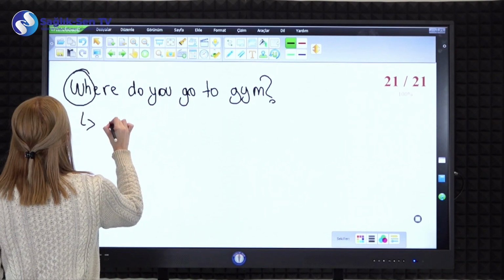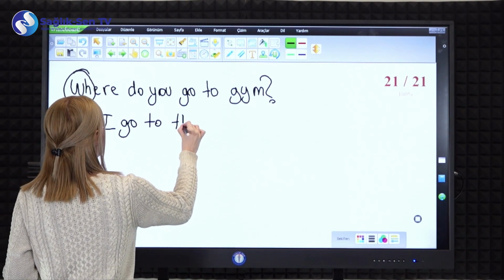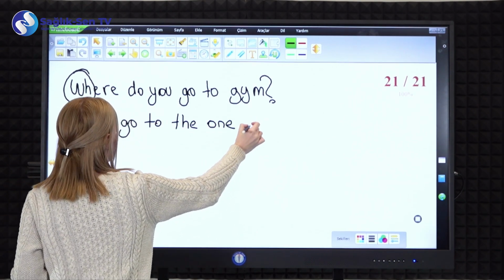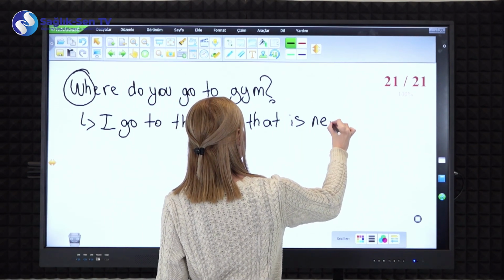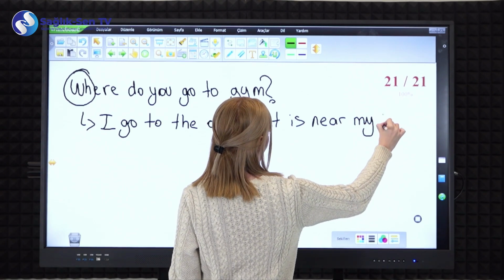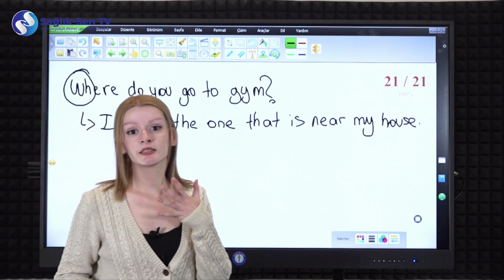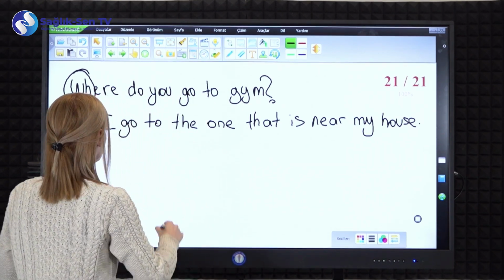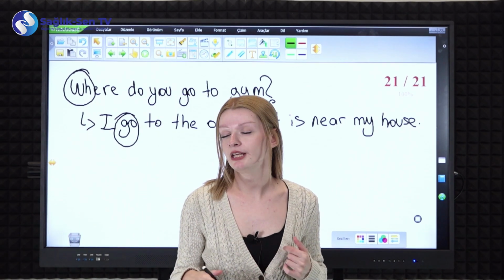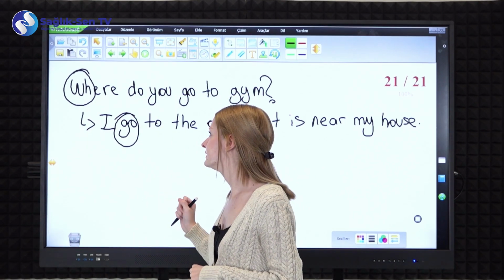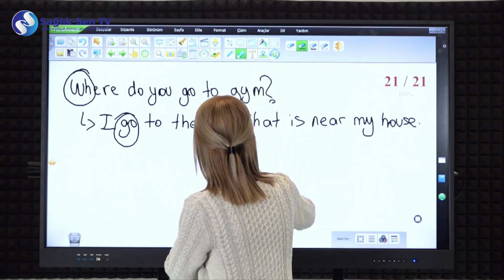I can say I go to the one that is near my house. Evimin yakınındakine gidiyorum. This is also something that happens regularly. That's why this sentence is made in present simple tense.